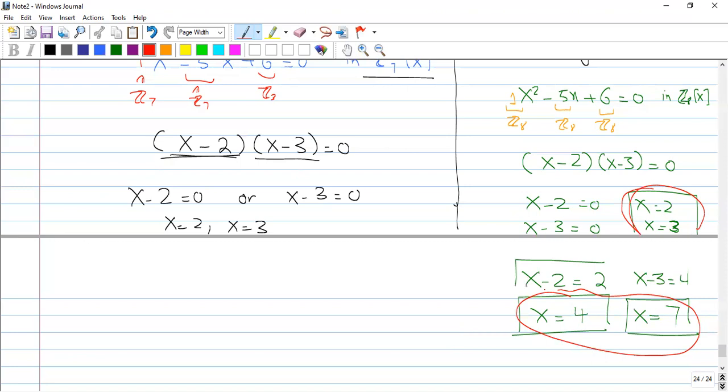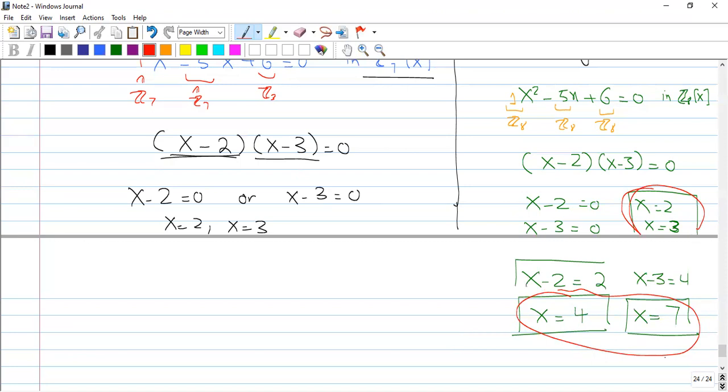पॉइंट ये है कि नाउ यू आर गेटिंग फॉर अ क्वाड्रेटिक इक्वेशन you are getting more than 2 roots, and why this abnormality is happening? Since our polynomial ring is not an integral domain.